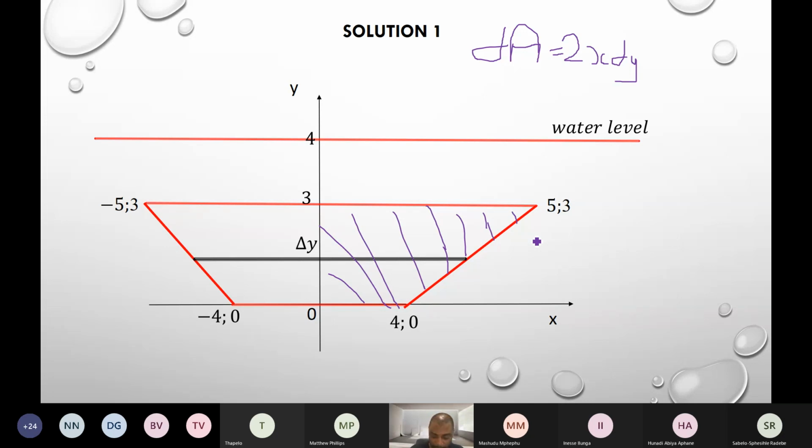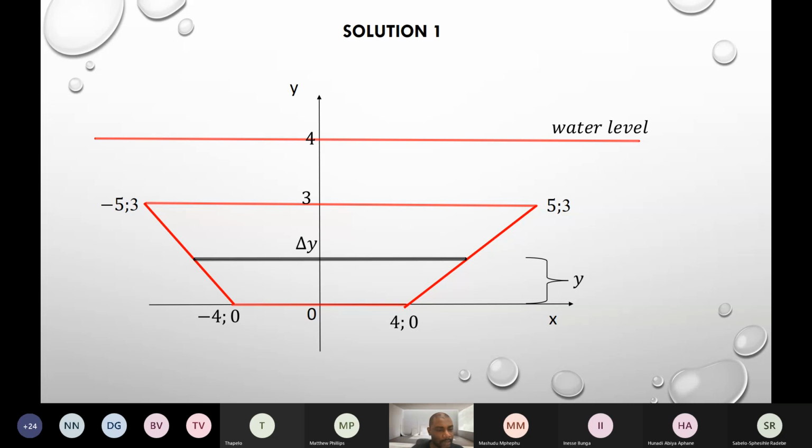So guys, this is the shape, right? Now, something important. If you remember the first page, I told you that the distance from the x-axis to the representative strip is y. So I'm showing it there. If you look at the bottom right, you find it.